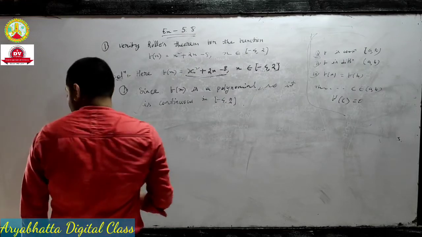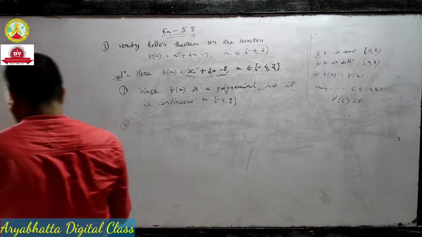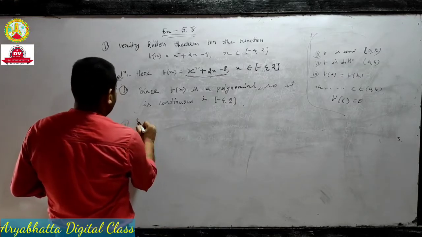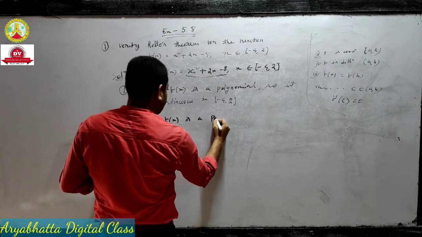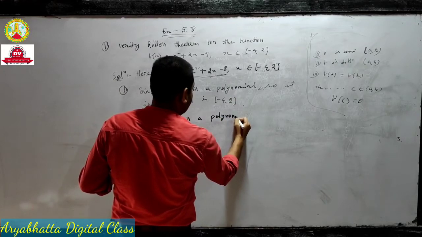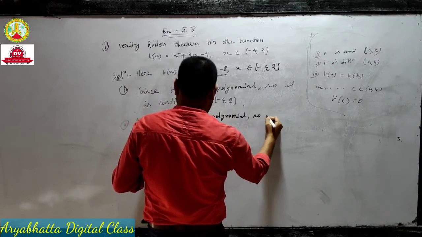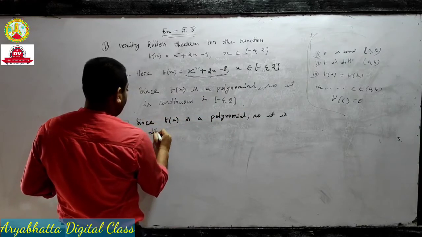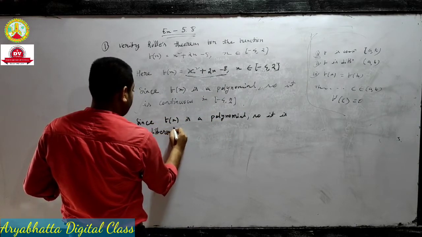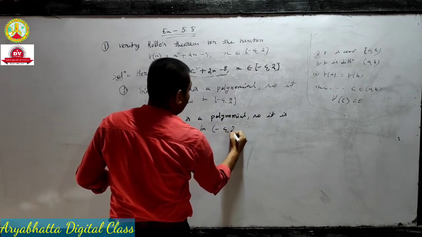Number 2, since f of x is a polynomial, so it is differentiable in open interval minus 4 comma 2.